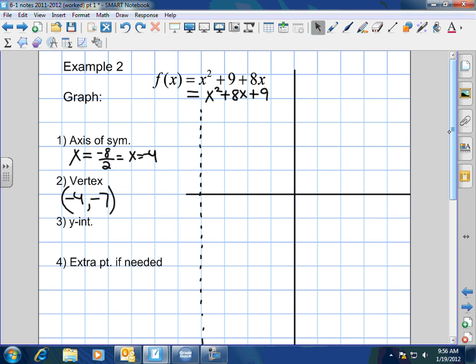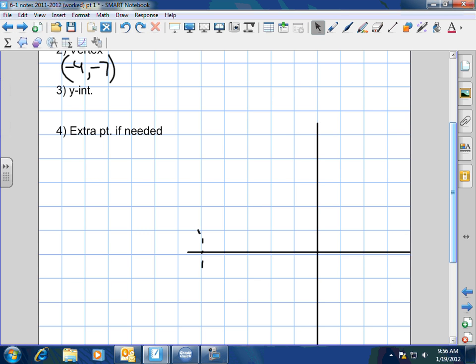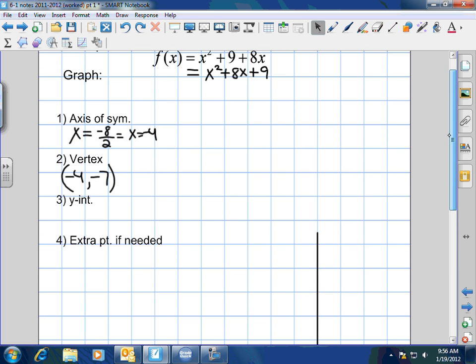You know what we'll do? Let's just go ahead and find it all first, and then I'll graph it. That's probably why I had it down here. I apologize. On your paper, though, you can be doing it step by step, guys.